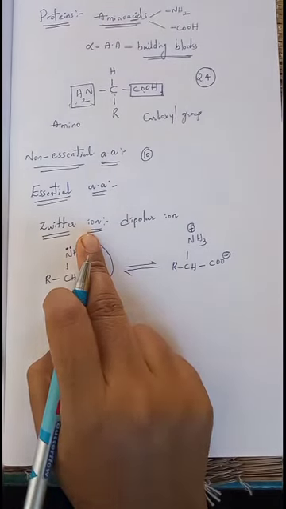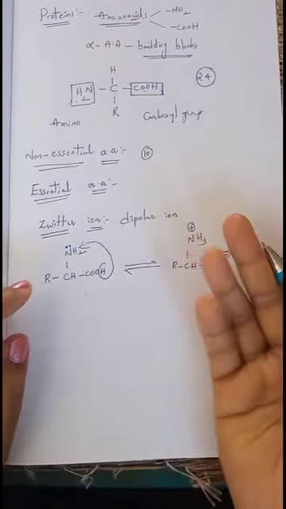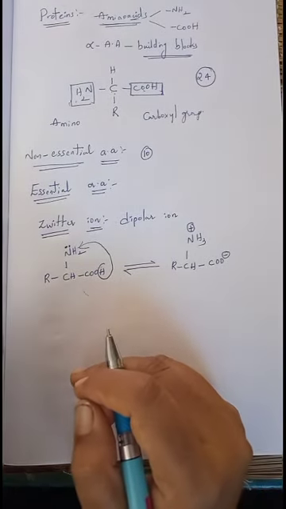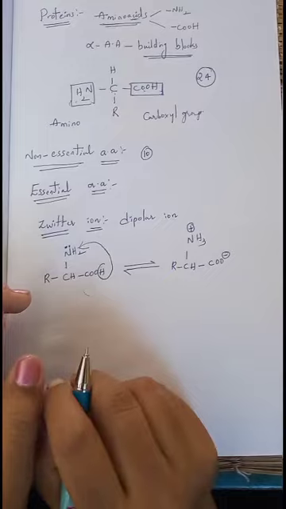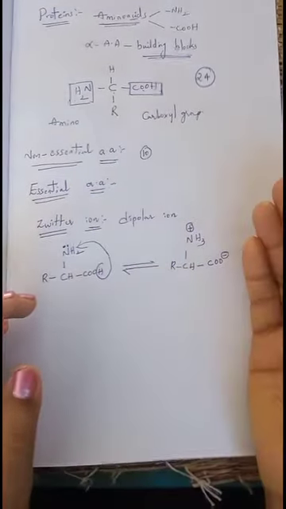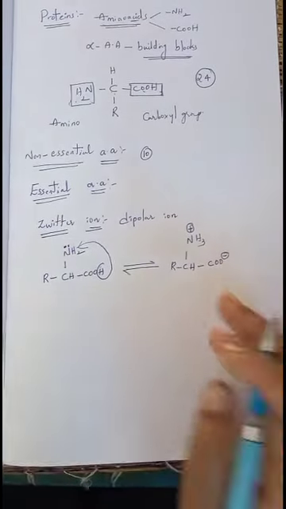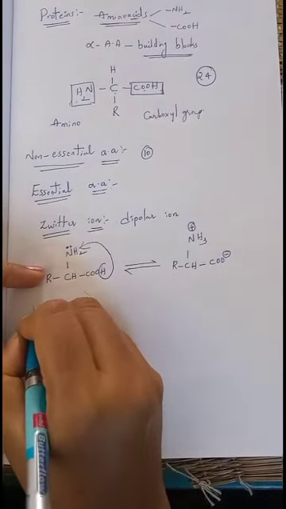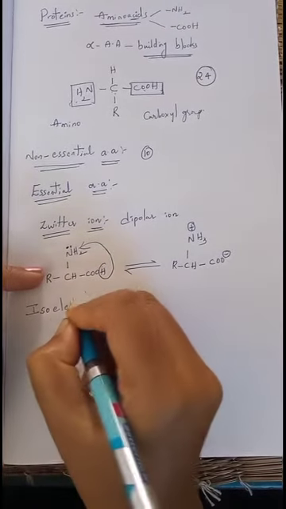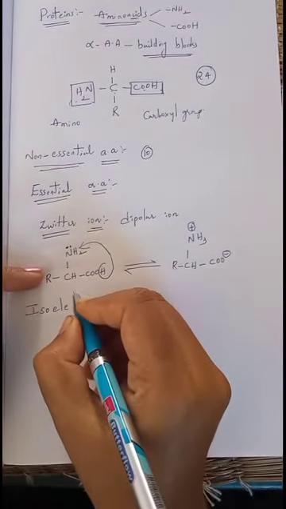In acidic medium amino acids exist as cations, while in alkaline medium they have negative ions. The pH at which an amino acid does not migrate towards an electrode is called the isoelectric point. Now we want to know one more important thing related to amino acids, that is the isoelectric point.